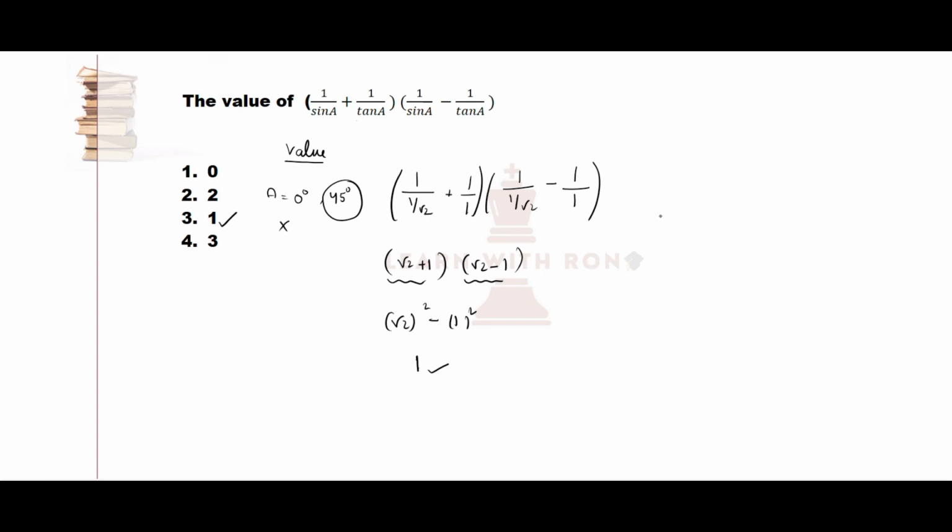Let's see the normal procedure. See here we have 1 by sin A and 1 by tan A. I wrote 1 by sin A as it is. 1 by tan A is nothing but cot A, right?